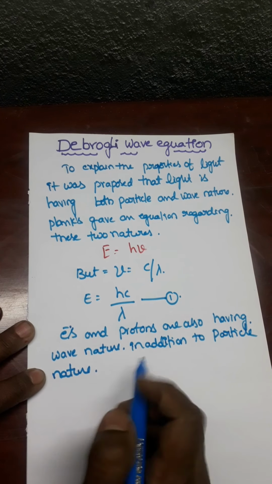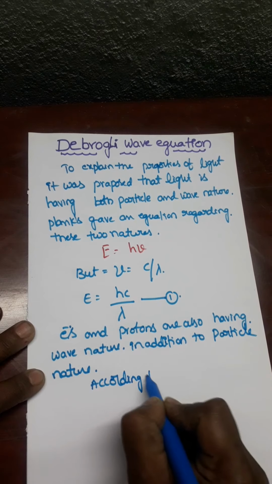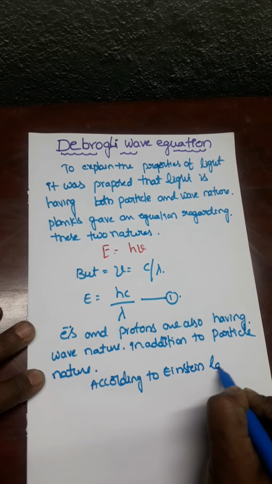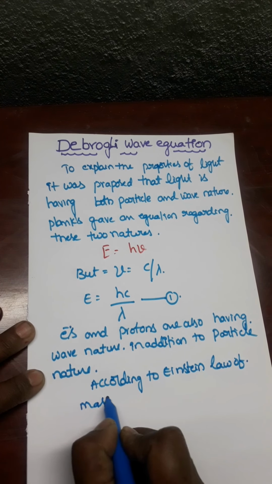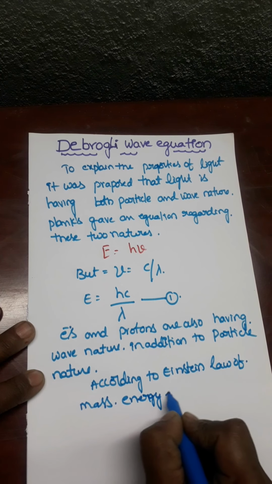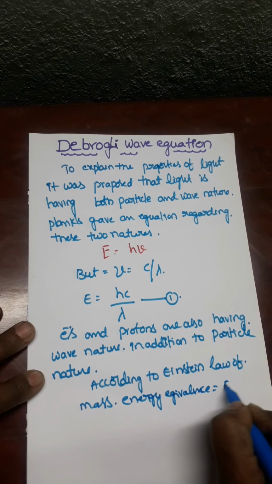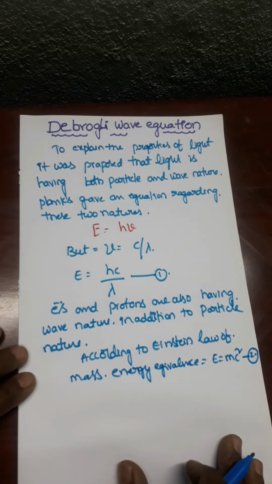According to Einstein's law of mass-energy equivalence, E is equal to mc square. This is equation number 2.